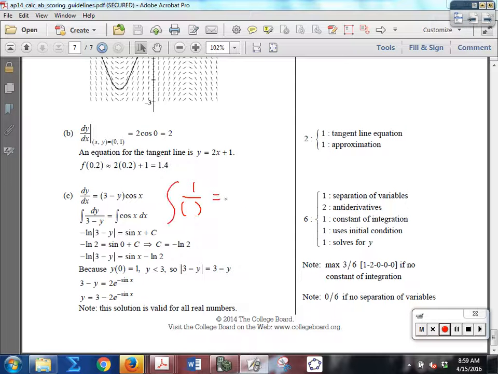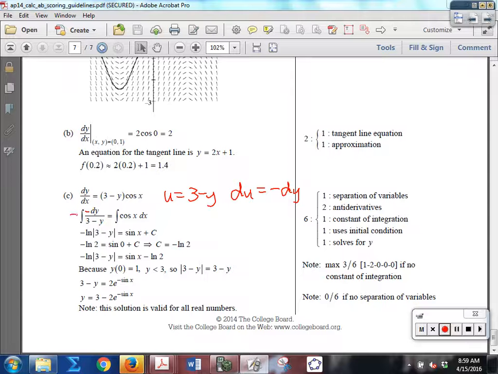So if you can see that, all you're going to need is an extra negative there. So I'm going to need a negative right here, so it's going to put a negative out there. And then it's just going to turn into the natural log of that. So putting that negative there and doing the natural log of that, that's worth a point.